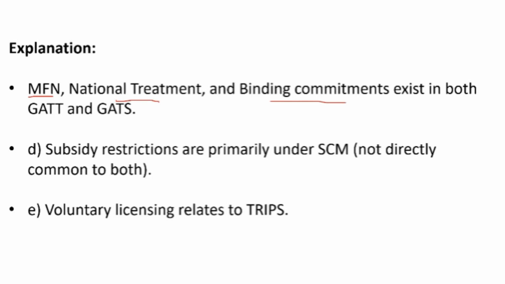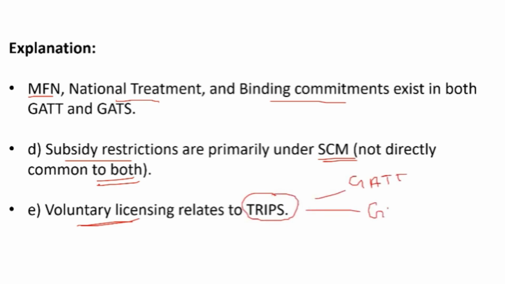Apart from this, subsidy restrictions are primarily under SCM, not directly common to both. And voluntary licensing relates to TRIPS. It is not related to GATT and not related to GATS either. Understood? So that is why option A, B and C was correct.